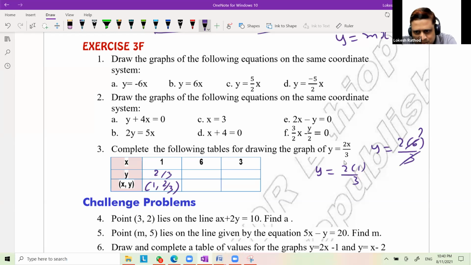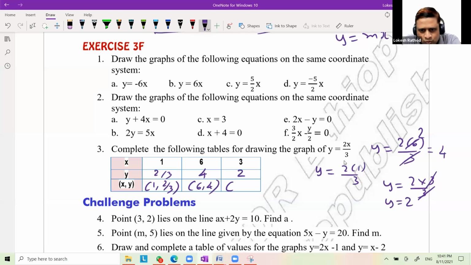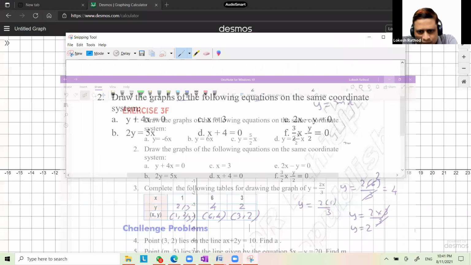Right? 3 2s are 6. That is 4. So y is equal to 4. So point is 6 comma 4. Same way you put x equal to 3, 2 times 3 over 3. 3 gets cancelled, y equal to 2. So this point is 3 comma 2. Correct.